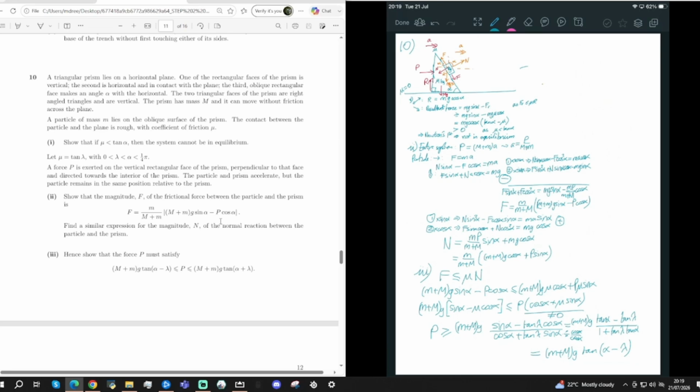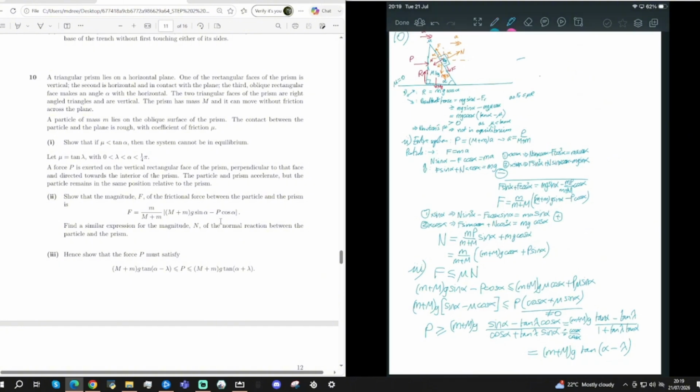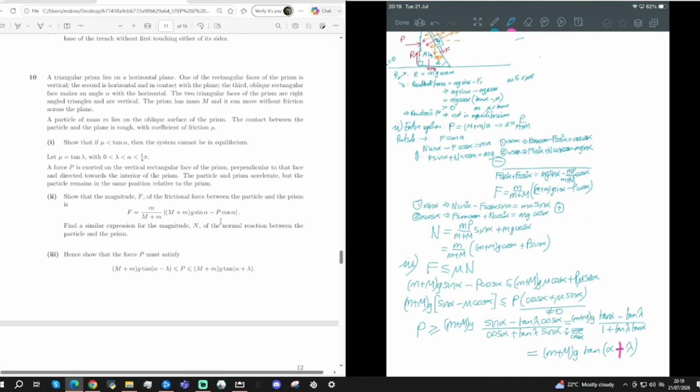But now how am I going to get P's upper bound? Now notice that P's upper bound is very, very similar, except it's got a plus here. So that will mean that this will be a plus and this will be a minus in the inequality. It's kind of going back and seeing if I can see where all these things would have changed. That thing would have been the plus, that would have been the minus, then the plus and the minus.